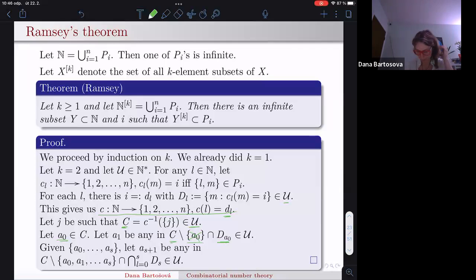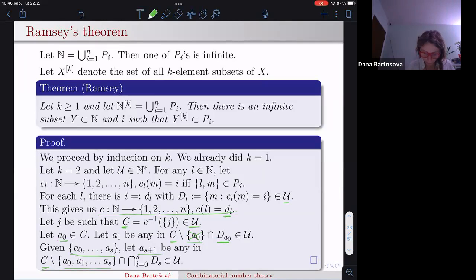I will be able to always choose. Now, if I have chosen some elements already, then I'm going to choose the next one. And well, it's infinite. So if I take those elements away, it's still going to be infinite. So it's going to be in the ultrafilter. Otherwise, a finite set would get in there.